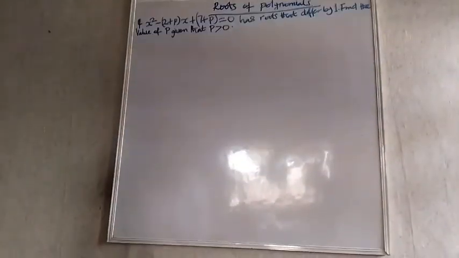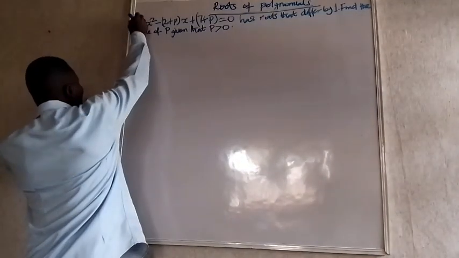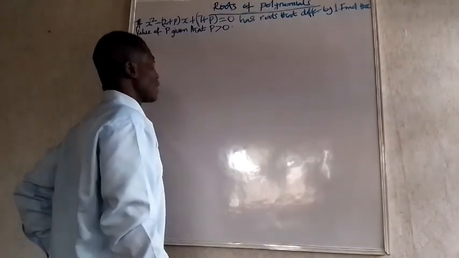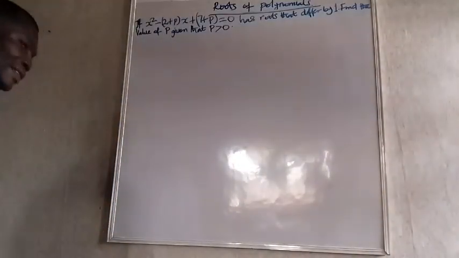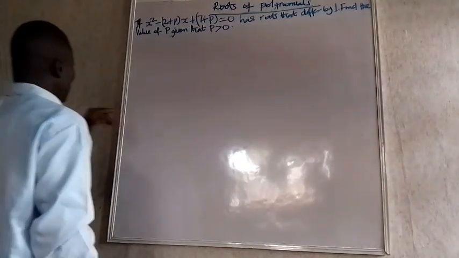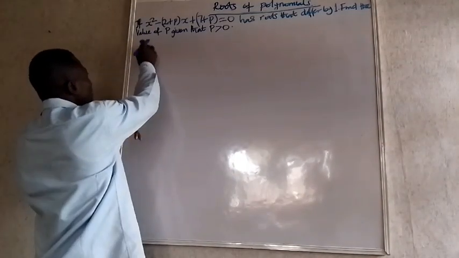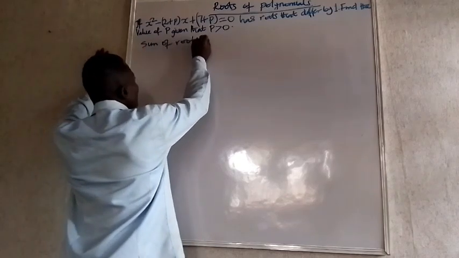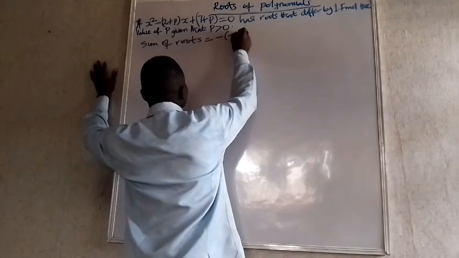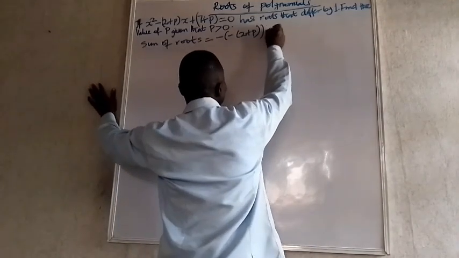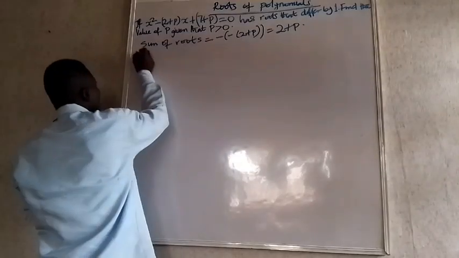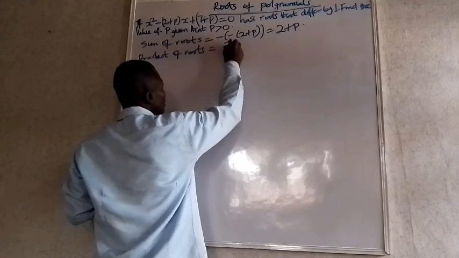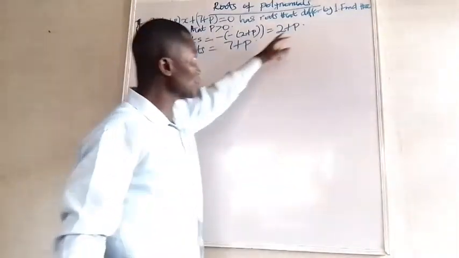Now look at this. It says if x is going to be, the sum of roots is equal to 2 plus p. Product of roots is equal to 7 plus p. I'm also giving another information that the roots differ by 1.